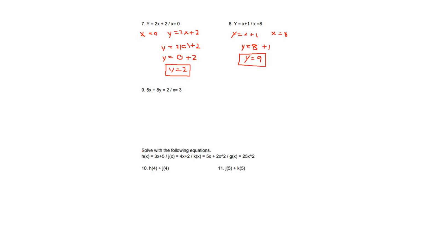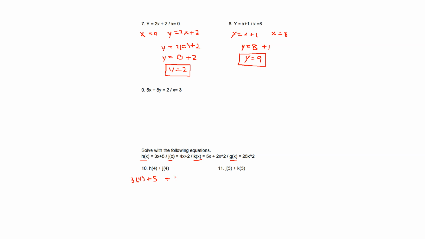We have to solve the following equations given h of x, j of x, k of x, and g of x. So for number 10, h of 4, this means h of x when x equals 4. So you plug in 4 into h of x, so 3 times 4 plus 5. Then we're adding j of 4, so j of x when x equals 4.